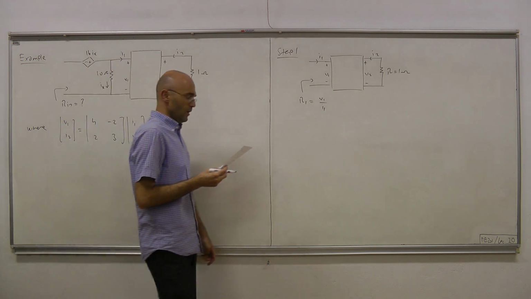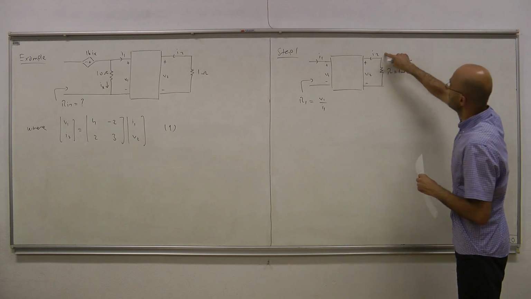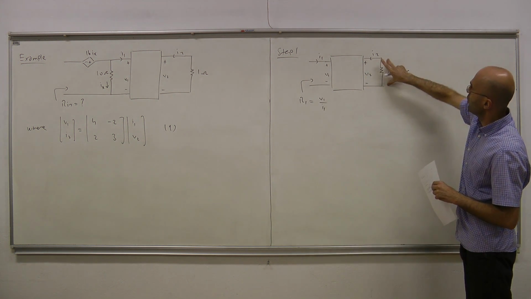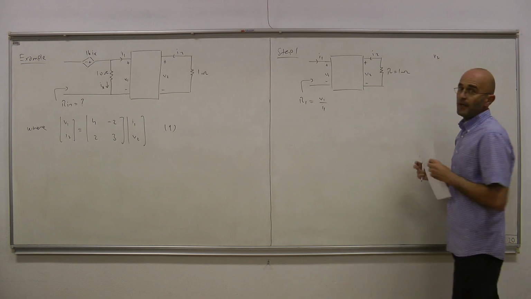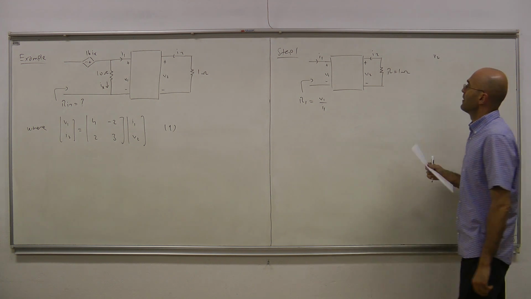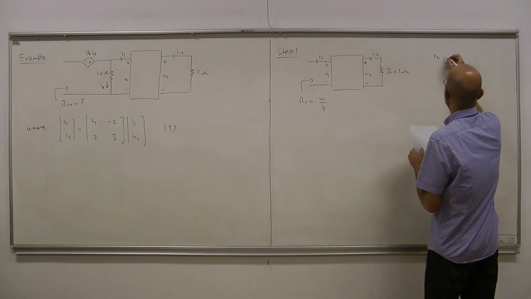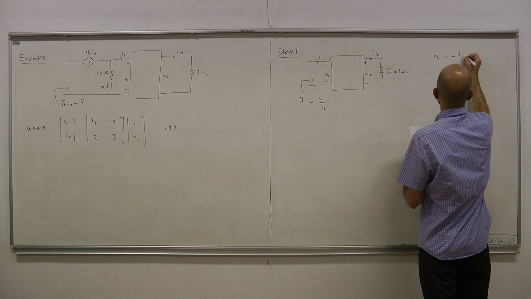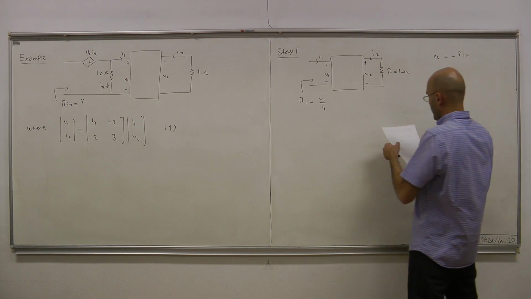Okay. So what we have here is, this is V2, this is I2, this is minus I2, and this voltage is V2. Therefore, because of that resistor, this voltage and this current are related to one another, namely V2 equals minus R I2. Okay. What else?